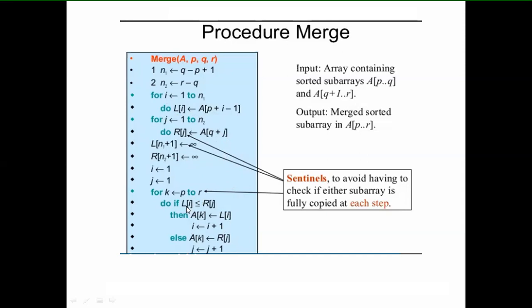If the left element is less than or equal to the right element, then store the left element in the third array, A of k, and increment i by 1. Otherwise, store the right element in the temporary array, then increment j by 1. At the same time, increment the k value by 1.